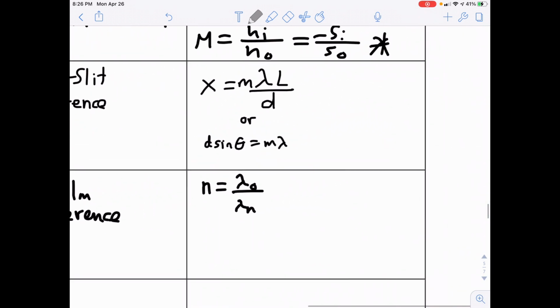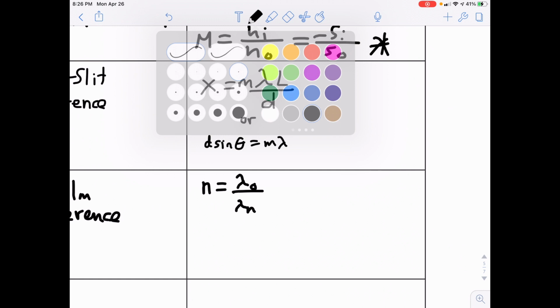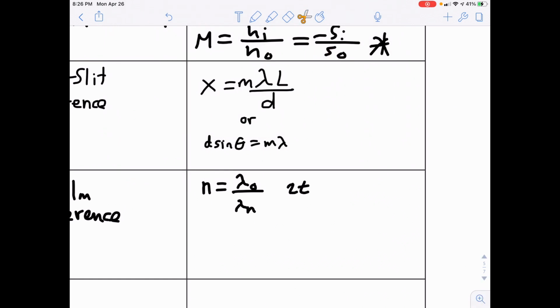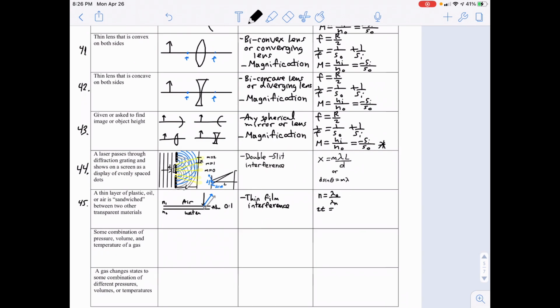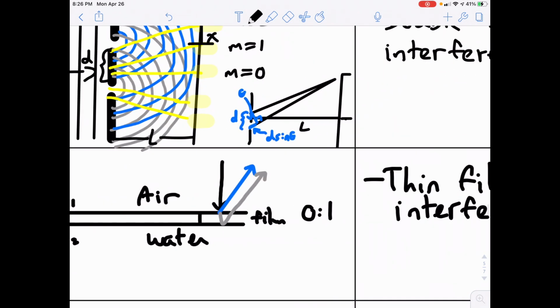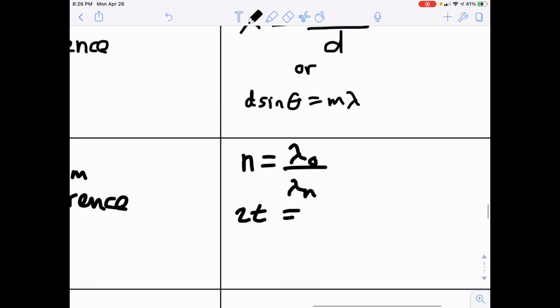So the equation is 2t. That's 2 times the thickness of the film, because you have to go through the film once and then twice again. So 2 times the thickness of the film is equal to m, again a multiple of the wavelength. Usually m is going to be equal to 1, so I don't usually focus on it too much, times lambda n.